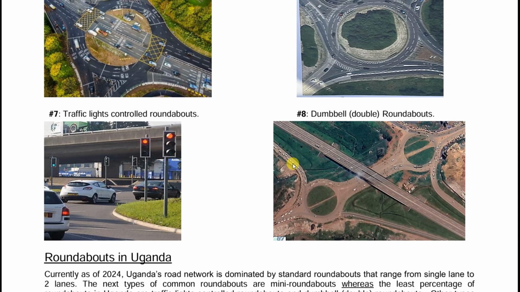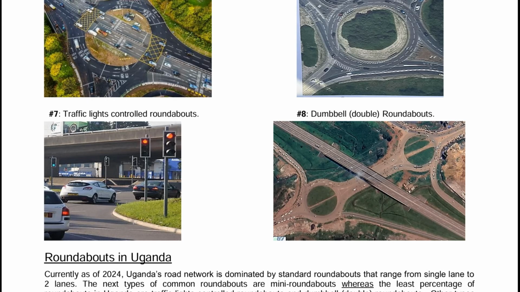The next type of roundabouts to expect in Uganda are traffic lights controlled roundabouts. Now, in Uganda, we have this new type of roundabouts that are traffic lights controlled. So at such roundabouts, right of way is given by traffic lights.